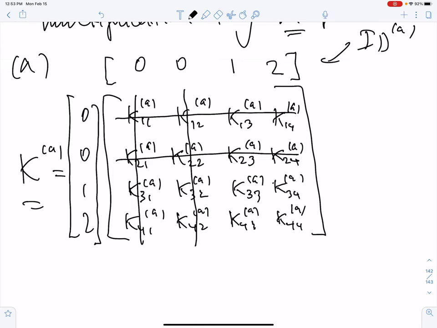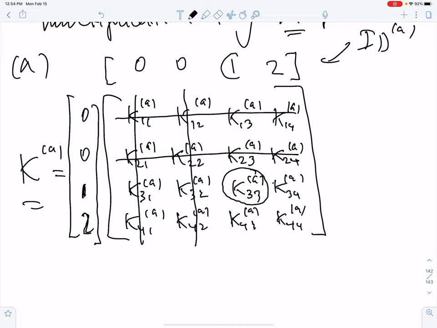And then the rest of the ID array is used to position the entries of the local stiffness matrix into the global, which entries are given by the entries of the ID array. So let's visit K33.